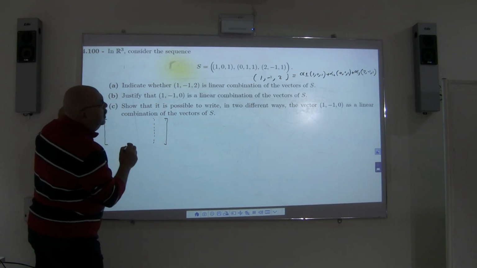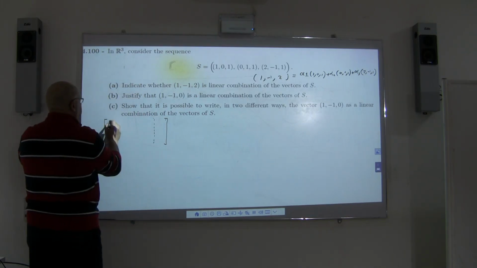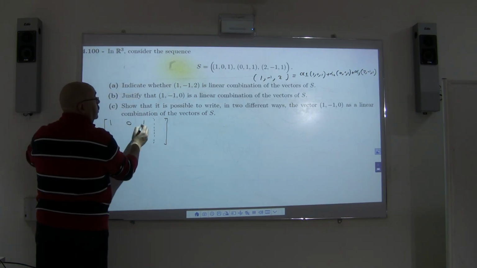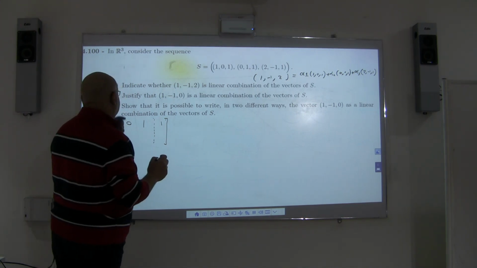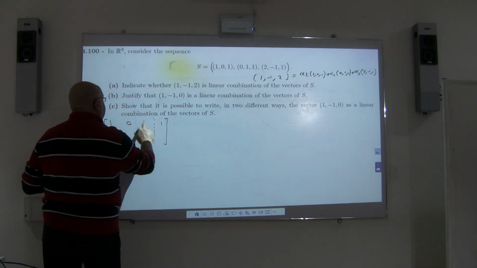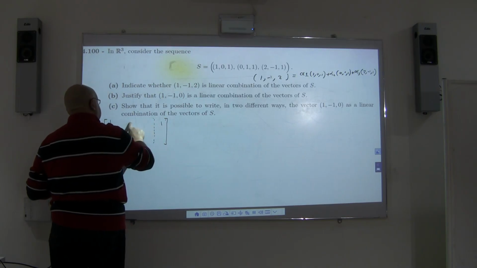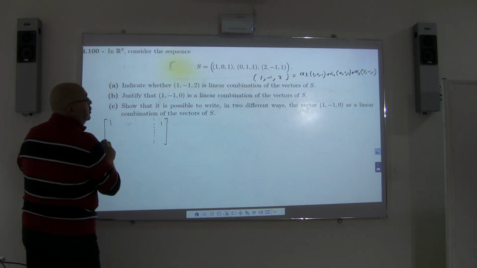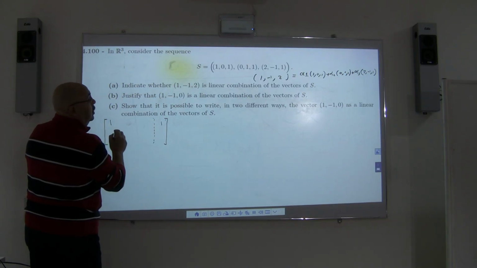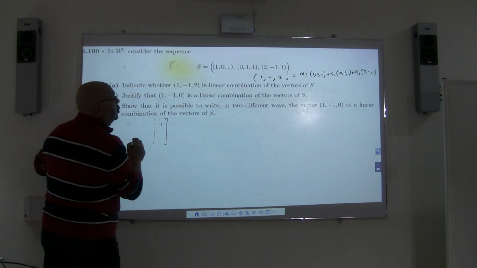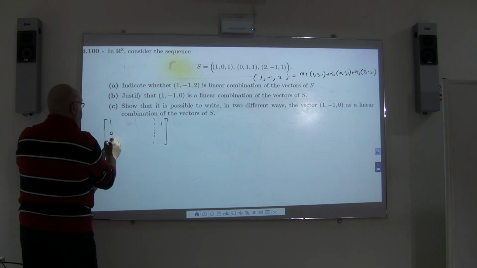The values will be 1, 0, 1 and will equal 1. For the second row, this is the values for the first column, which is going to be 1, 0, 1, I'm sorry.